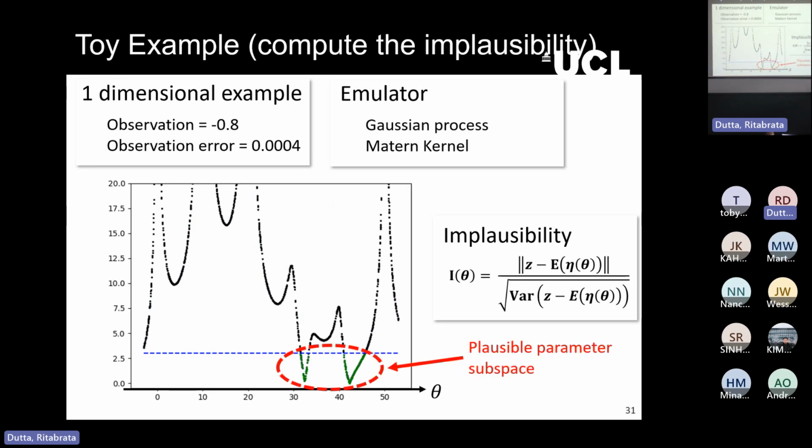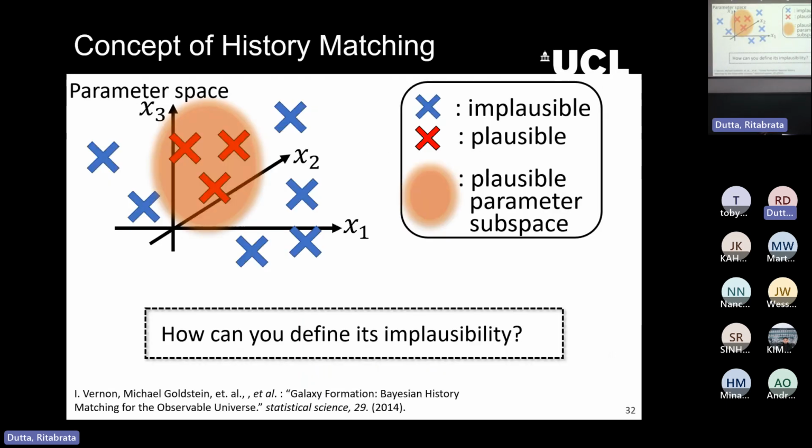And finally, your plausible subspace shrinks. Then you can choose your plausible input parameter values from this plausible parameter subspace. This is the concept of history matching.